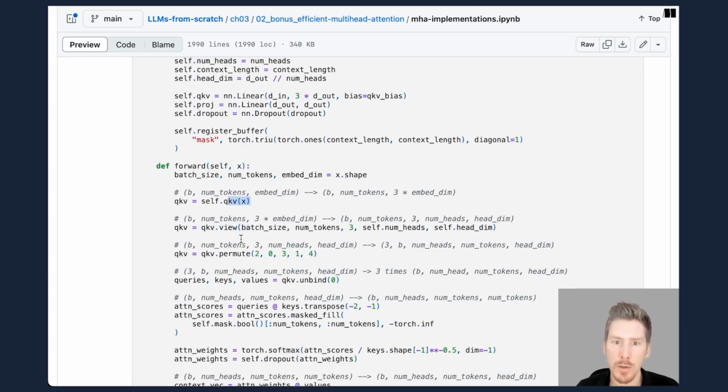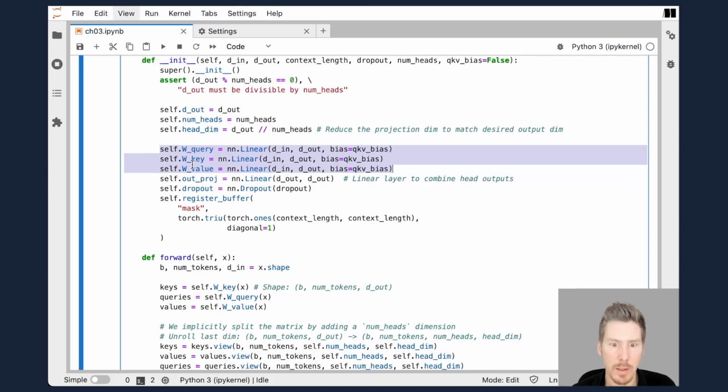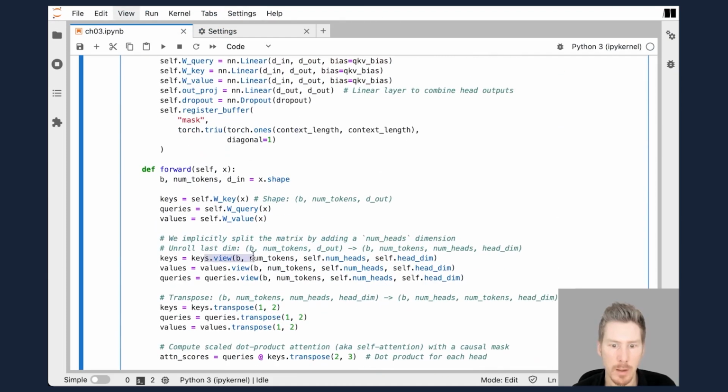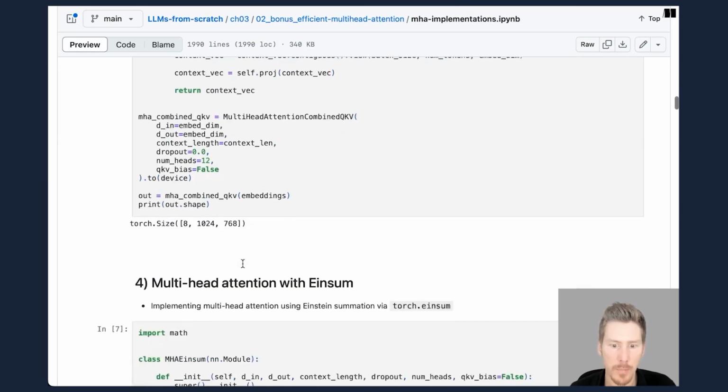It's a similar concept to what we have done here and then breaking it down here, where we have multiplication with a bigger matrix and then we split it. But now we go even one level further, where instead of having 3 different matrices, we have one big matrix. So yeah, that is what you're seeing here.